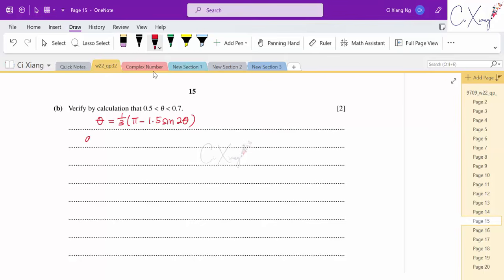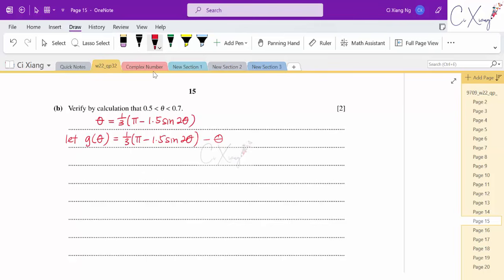And then if I want to get the sign change method, I have to move everything to one side, where I will make it become a function g. So g(theta) equals 1 over 3 pi minus 1.5 sine 2 theta, then minus theta.